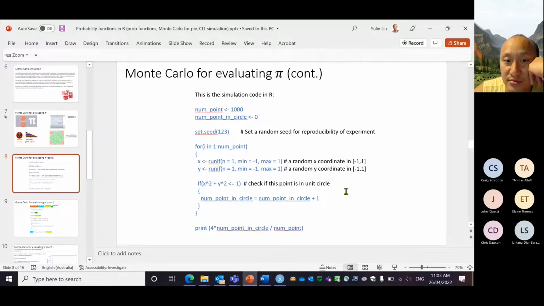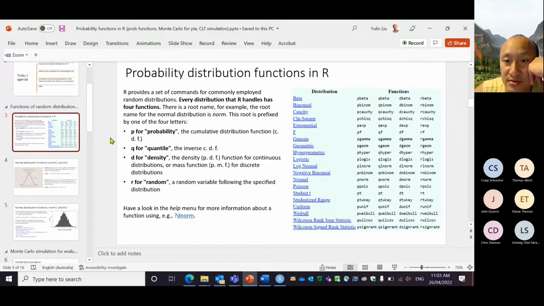I'm going to use runif. That is the R function of the uniform distribution. If I go back to the list, I have the uniform distribution: punif, qunif, dunif, runif.